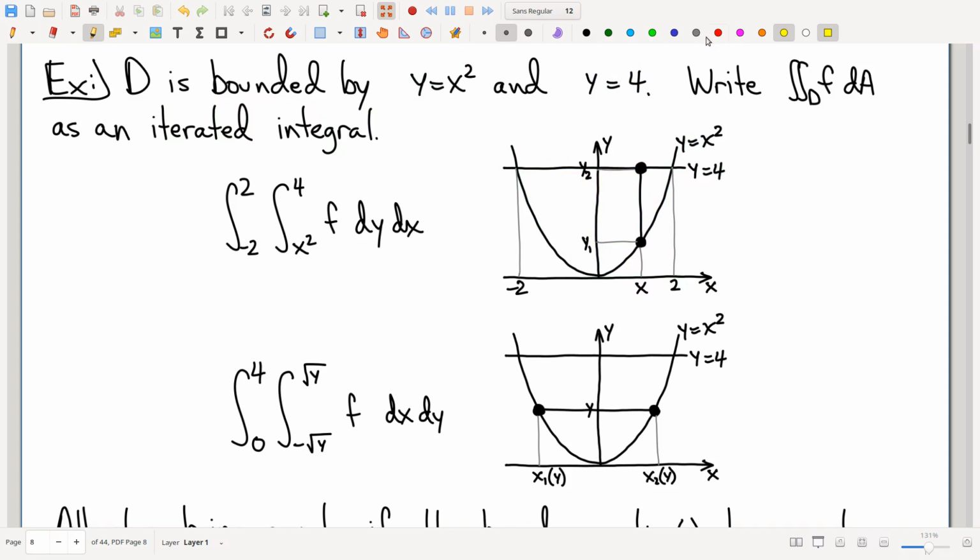Starting off, our outside bounds here, there to there. How do I know where this starting point was for my x integral? Well, it corresponded to that point. That point is on a couple of different curves.